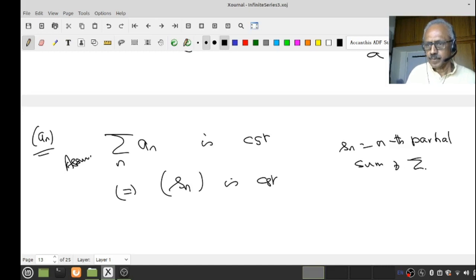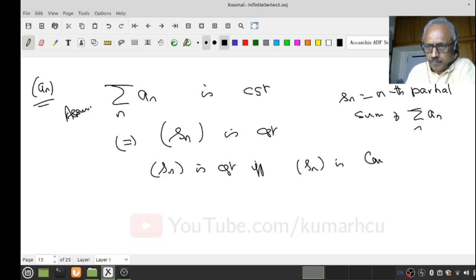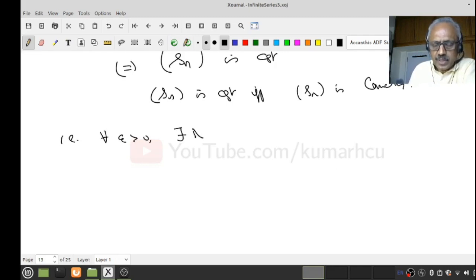Right? Okay. Now since this is a sequence of real numbers (again, complex numbers are the same), it is convergent if and only if the sequence Sn is Cauchy. So what does this mean? That means for any given epsilon positive, there exists a natural number N, so that for any m and n greater than or equal to N, modulus Sn minus Sm is less than epsilon.